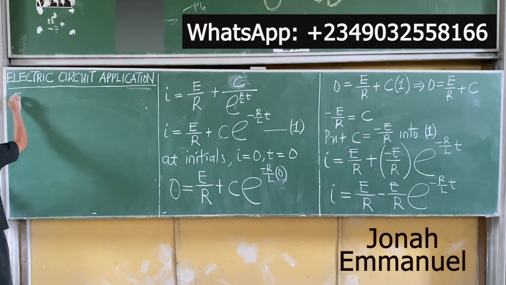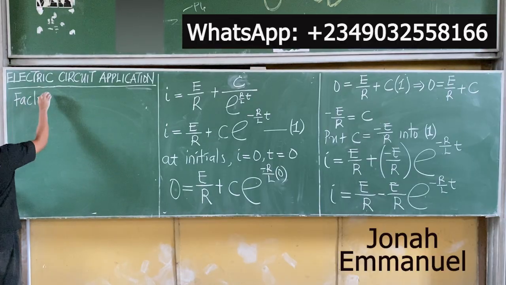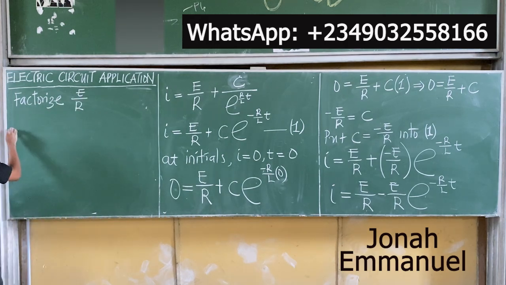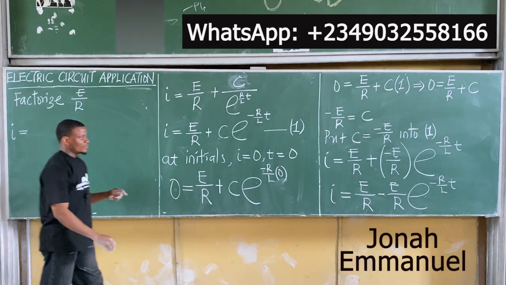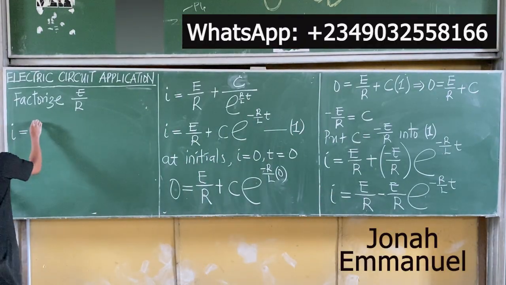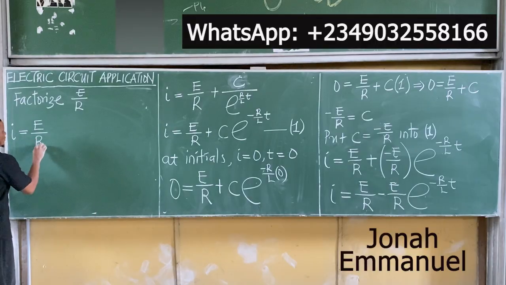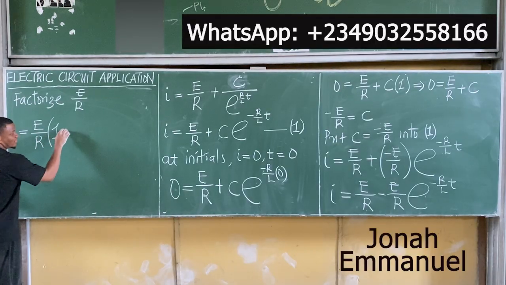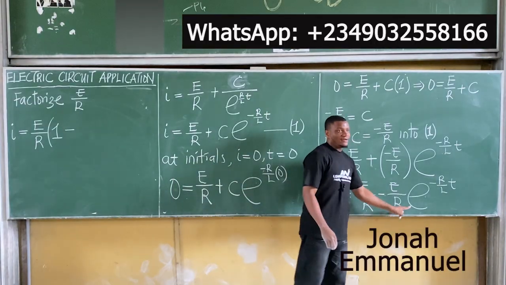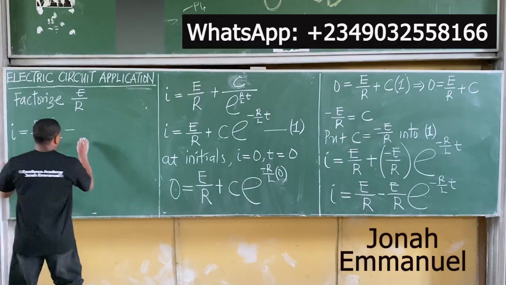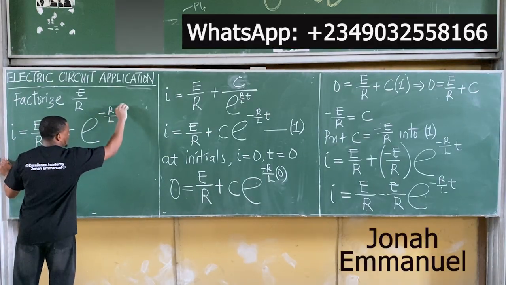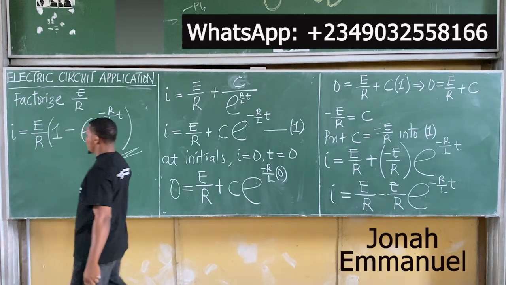So if I factorize E over R, what do you have there? I is equal to E over R, and what I'm left with is 1 minus exponential minus R over L T. This is the equation we're looking for.